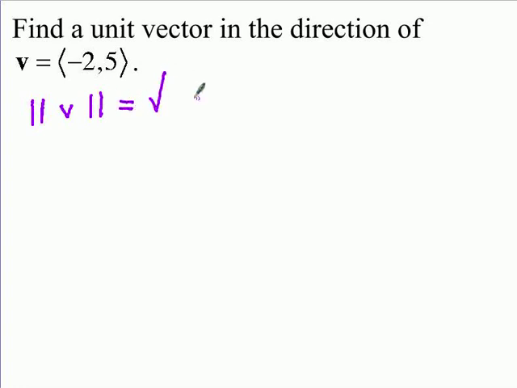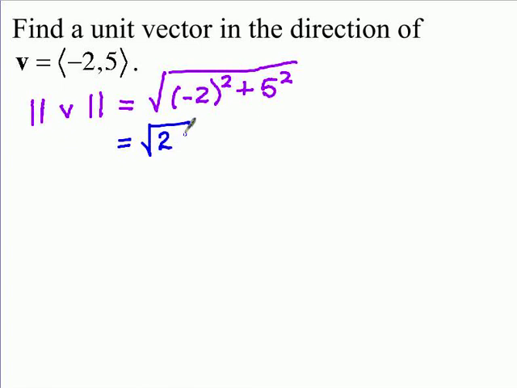So from the previous slide, I know that that's going to be -2 squared plus 5 squared. So what is negative 2 squared plus 5 squared? So really, my magnitude is root 29.